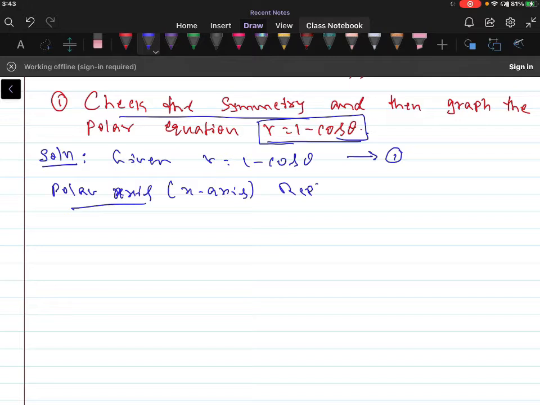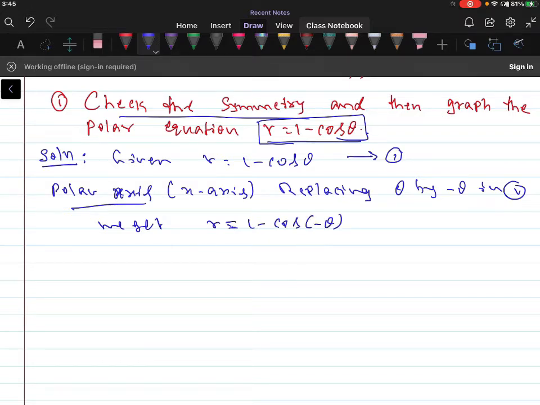Replacing theta by minus theta in equation 1, we get r is equal to 1 minus cos of minus theta. So this is equal to 1 minus cos theta, since cos of negative theta is equal to cos theta.